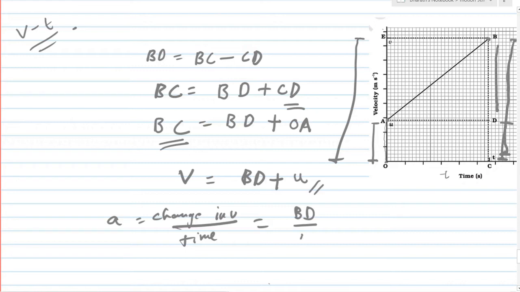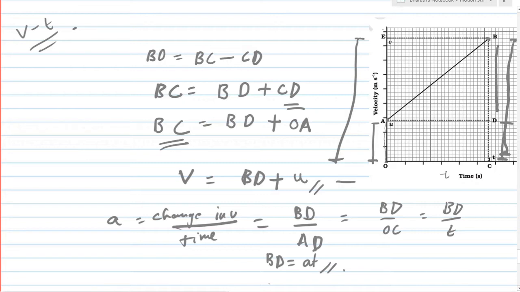You can write it as anything. Let me write AD first, and then we can write it as OC, which is nothing but the time. So I can send T this side, so I'll get BD equals AT.